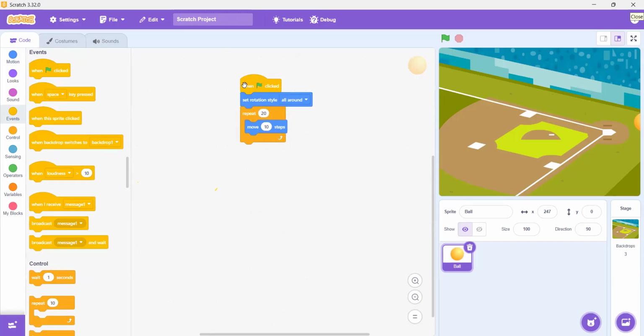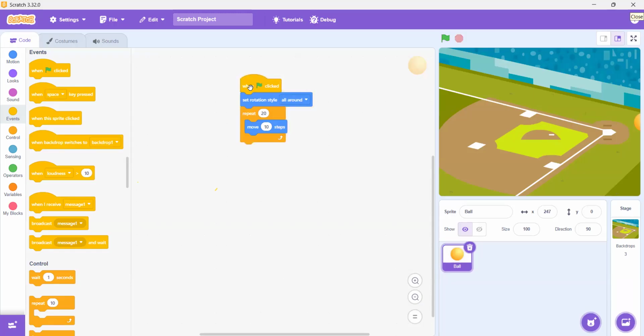Okay, now you check. You can use the flag here. You can use the flag here also. And my ball has gone out of the screen. Okay. It has come back. Check now. I did repeat 20 and move 10 steps. Now it is going out.